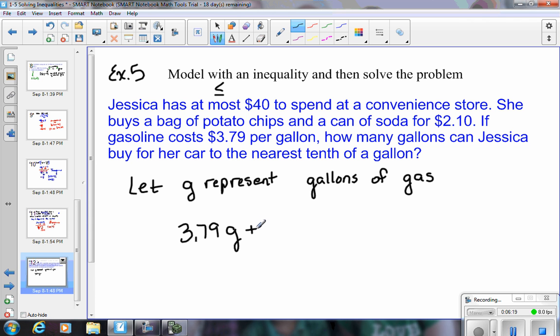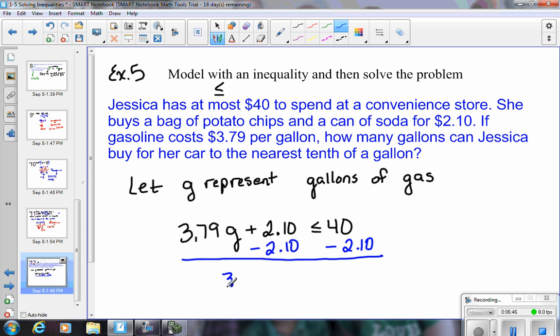Plus, don't forget her potato chips and her soda. So we have $2.10, and she has at most $40. So here is our inequality that represents this situation. So to solve that, we're going to subtract 210 from both sides.